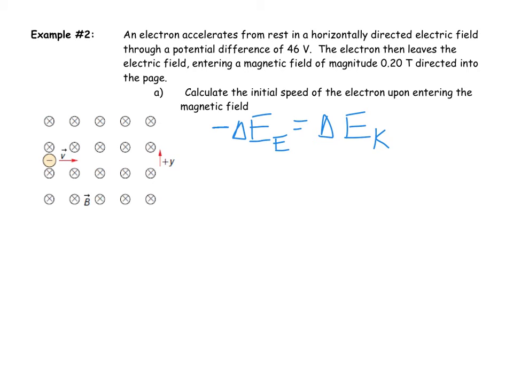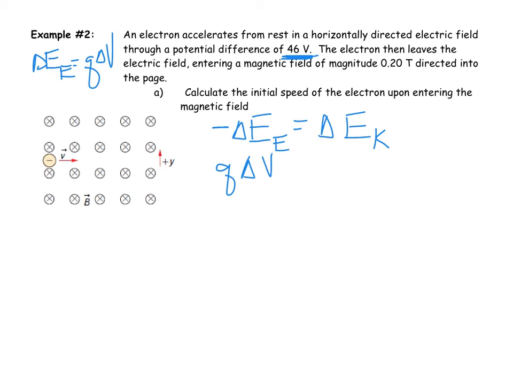Well, in this question, I'm given that the electric potential difference is 46 volts, so I'm going to search out an equation describing the electric potential energy in terms of potential difference. You'll remember that delta E is equal to Q delta V. And that's what I'm going to use.